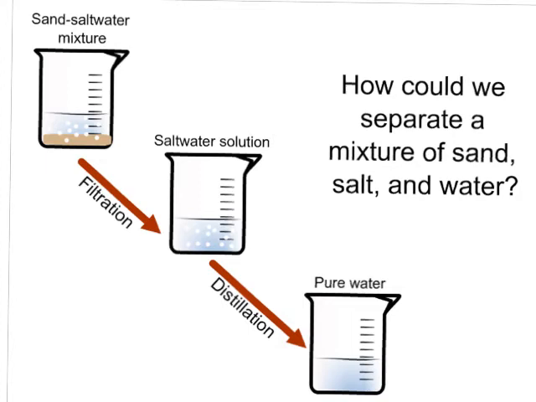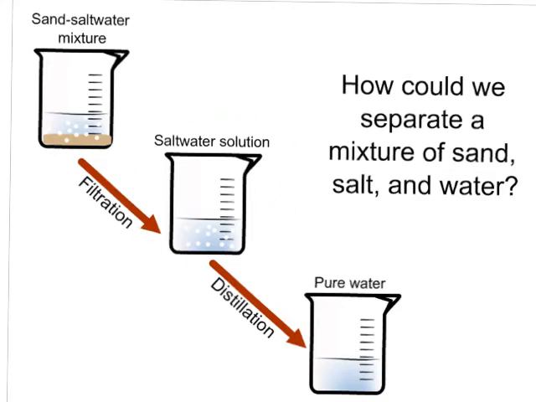Now what if we had a solution that had all three things in it, sand and salt and water? Well, we are welcome to use filtration and distillation together in order to separate these things. So if we first filter the mixture with filtration, use a filter paper, we can end up just collecting the saltwater solution and separate out the sand.